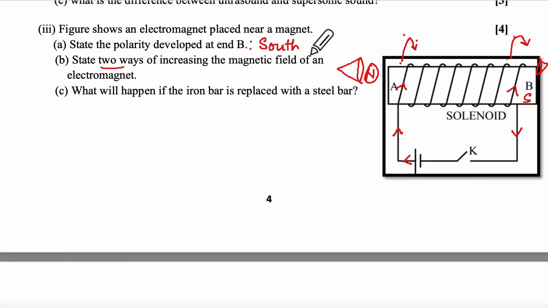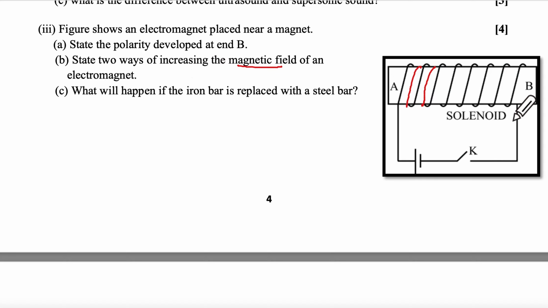Two ways of increasing the magnetic field: increasing the number of turns, if there are more turns, and increasing the current. Okay, so you can add some more. Now sometimes they will say, if the number of turns is doubled, then the magnetic field will be doubled.